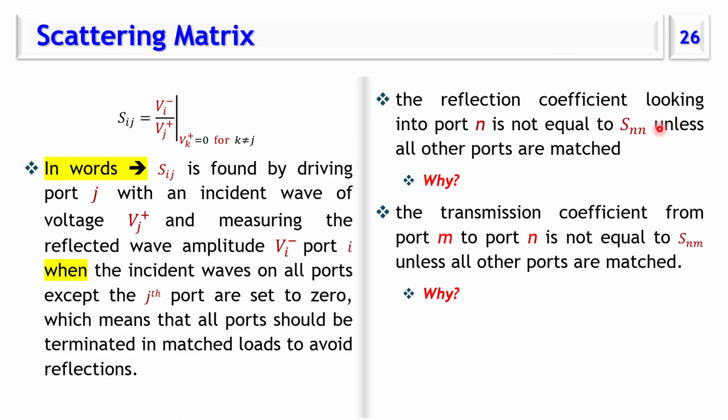So the reflection coefficient looking into port N will equal SNN in the case where all other ports are matched. The transmission coefficient SNM between port M and port N will be meaningful, or will equal SNM, if all other ports are matched except for port M. So even port N is matched, but port M is the only one that is not matched.